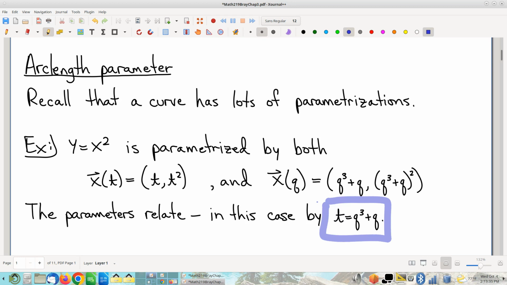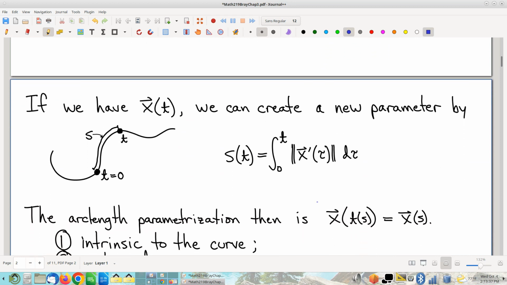Okay, so here's the one that we're actually going to want to do. It's called the arc length parameterization. I'm going to point out that if I have some path here, so here's a path. Very often I like to think of a path as a road that we're driving along. I can talk about its parameterization with respect to time.